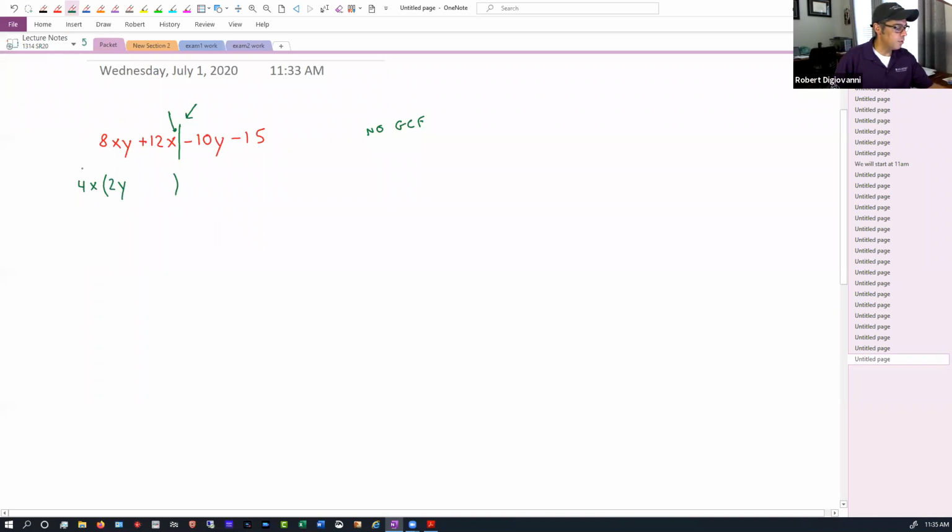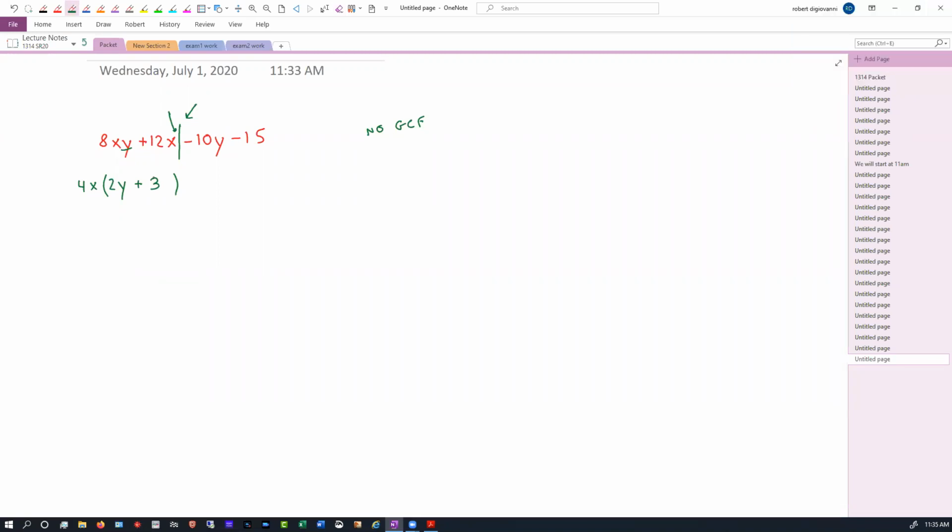Because you have to turn the 4 into an 8, so you have to multiply by 2. You already have an x, but you're missing a y, so you have to have a 2y there. Plus what? What do you have to multiply 4 by to get 12? 3, right? And you don't need an x because you already have an x out there.